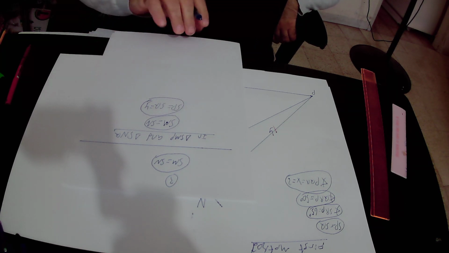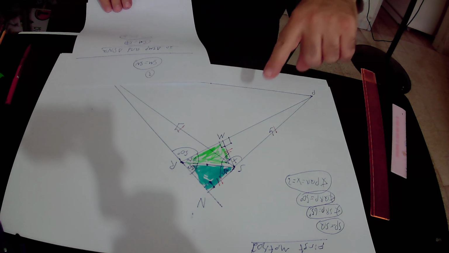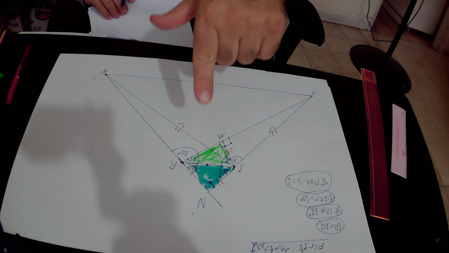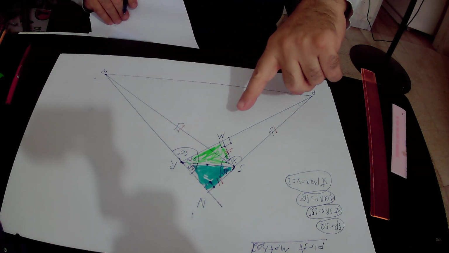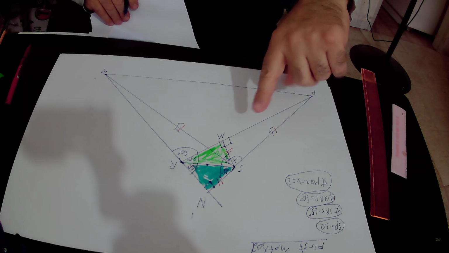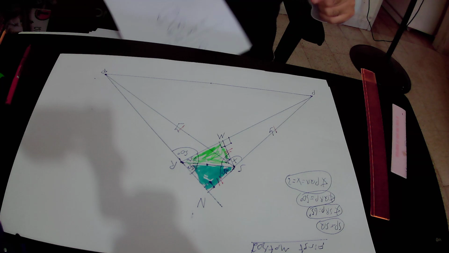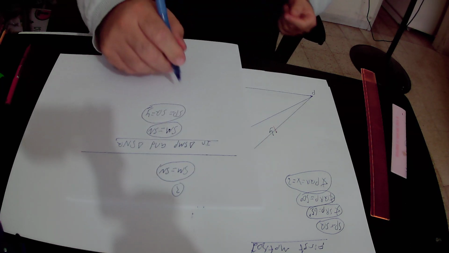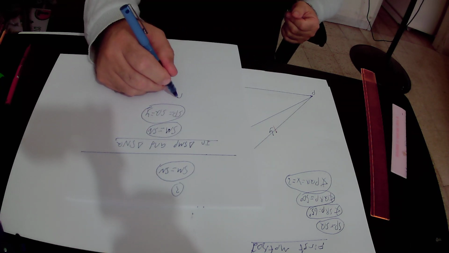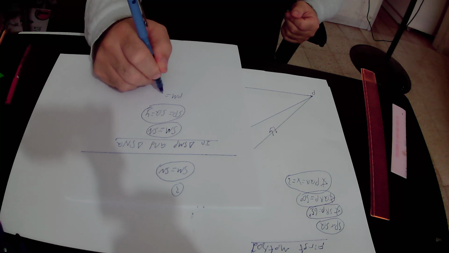And we will now prove that PM equals NQ, where PM is in the right triangle SMP and NQ is in the right triangle SNQ.